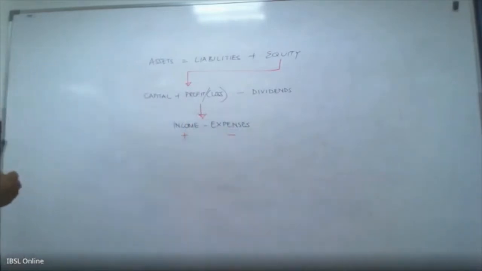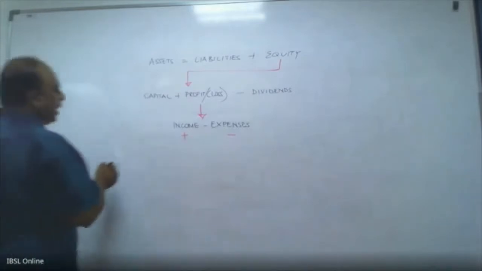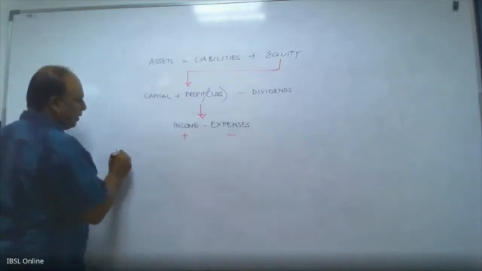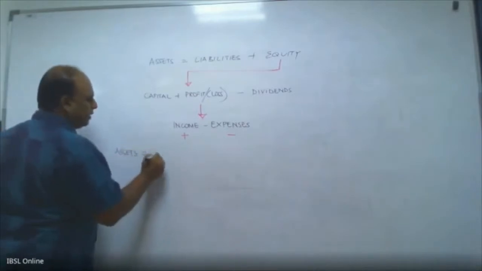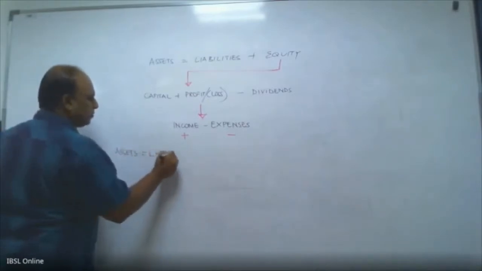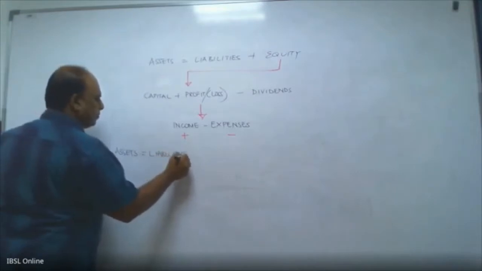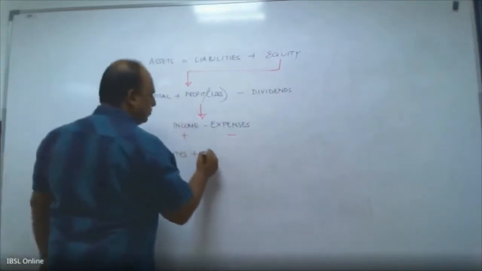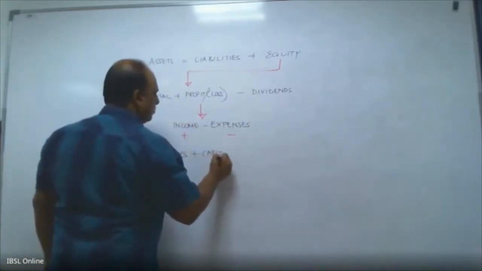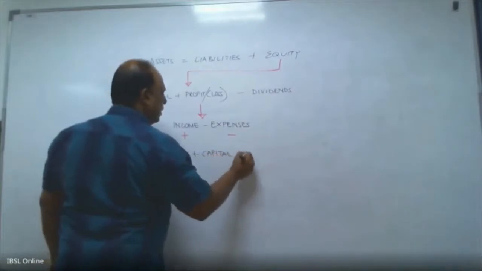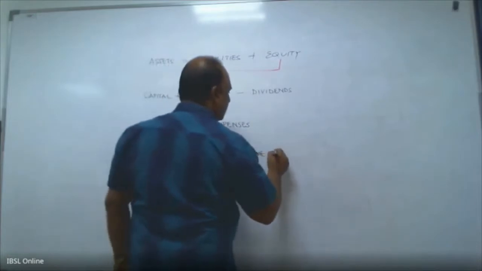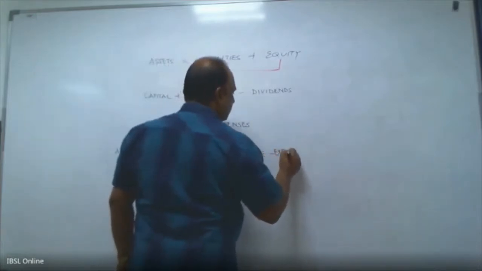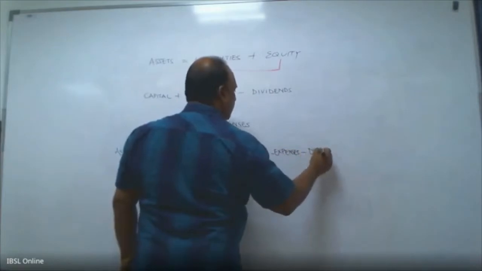So as a result, now the expanded accounting equation will be assets equals liabilities plus capital plus income minus expenses minus dividend.